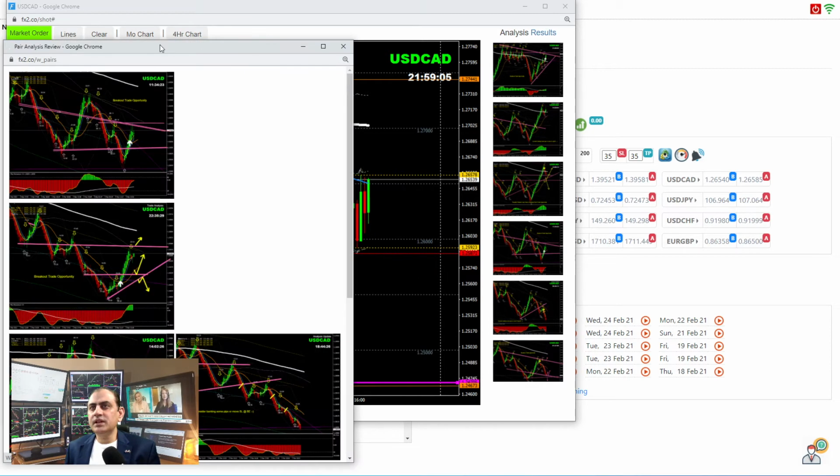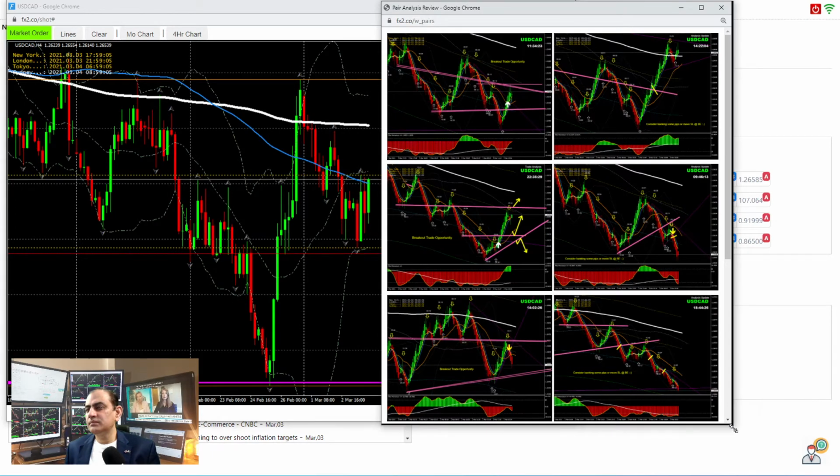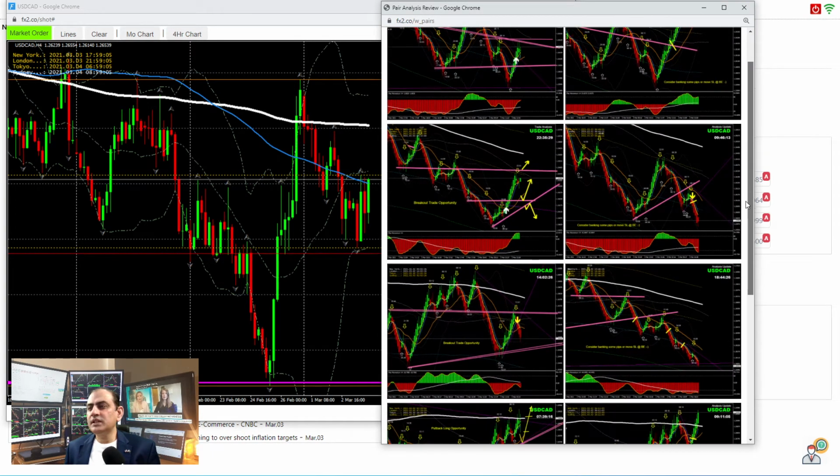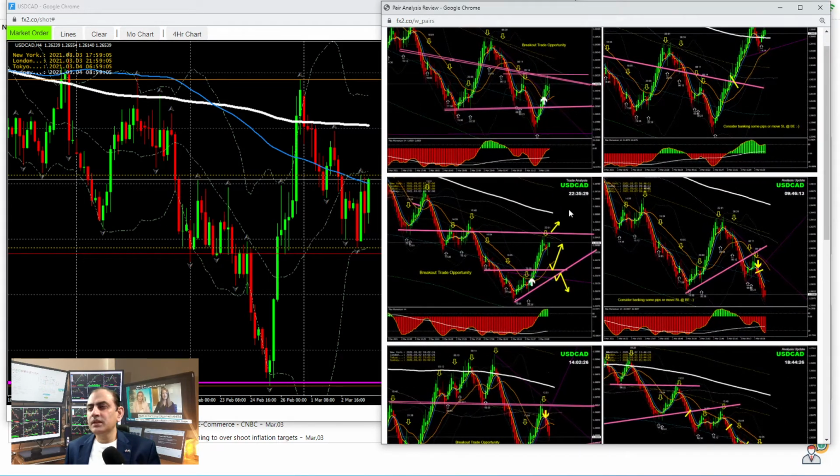Let me share with you the analysis for today. This was the analysis I did last night, as soon as I finished my recording, that we're looking at a pullback. Otherwise, if the price can break and retest, then give us the confirmation, then we're looking at a short trade here.